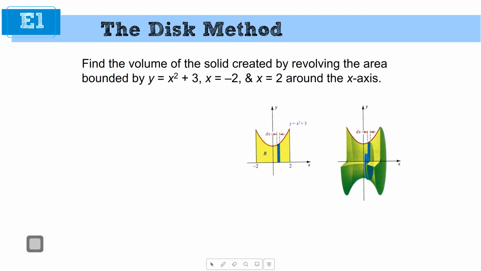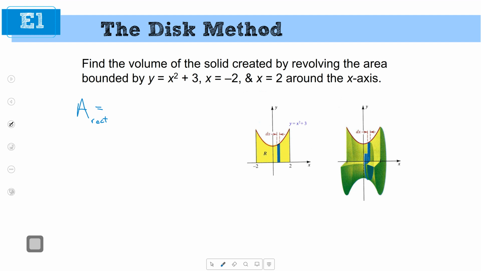So we're going to go baby steps here. Let's start with this. What's the area of that blue rectangle? First question, we're going to use the KISS method here.